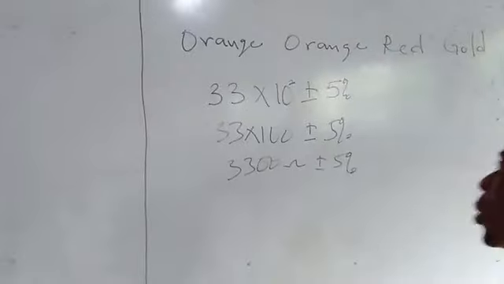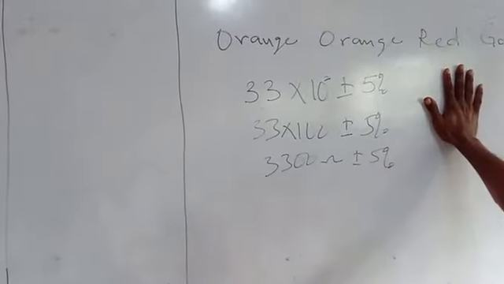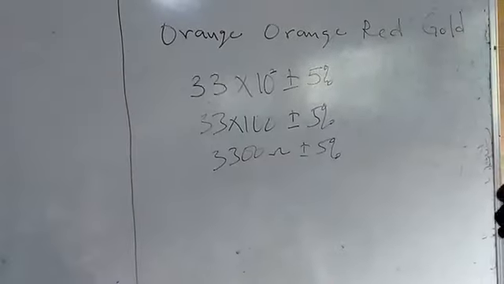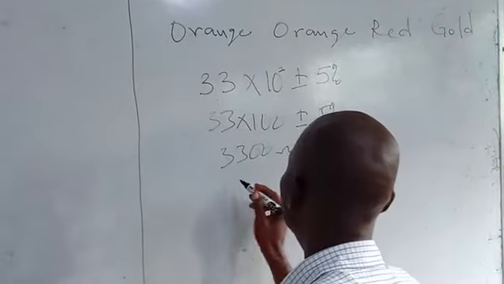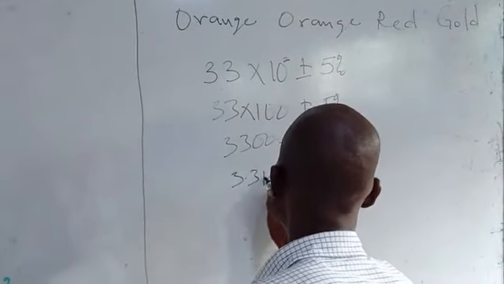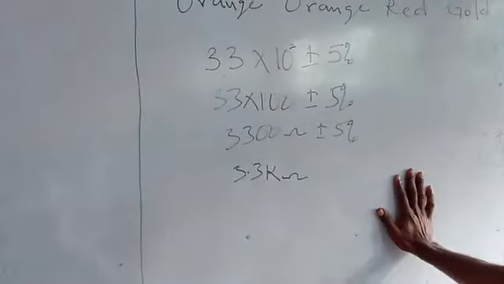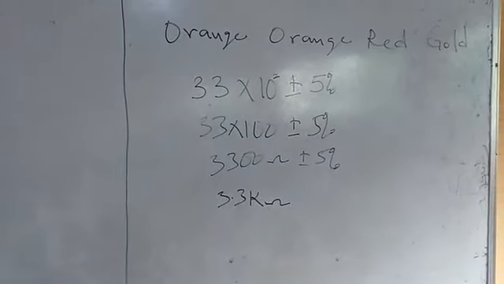It means that when you have orange, orange, red, that resistor is 3,300 ohms. Or we can say, divided by 1,000, it is 3.3 kilo ohms. So that's that about that.